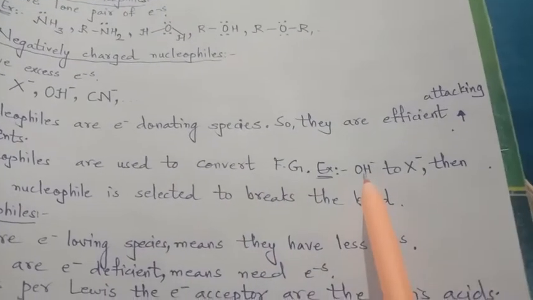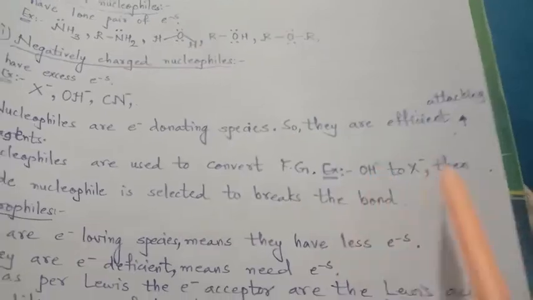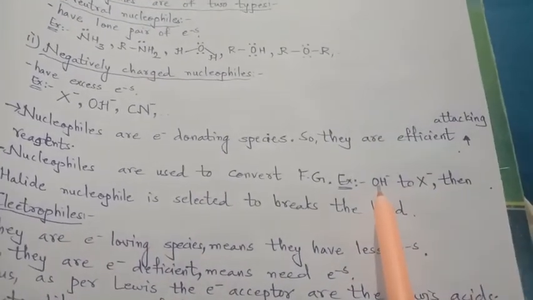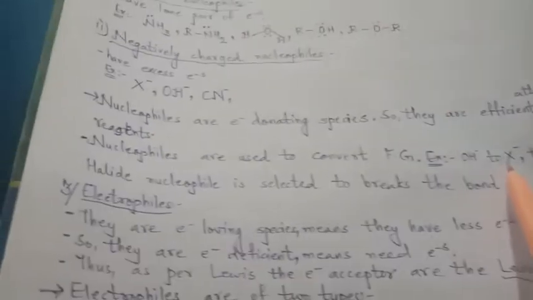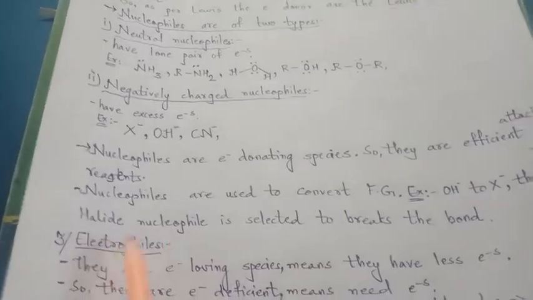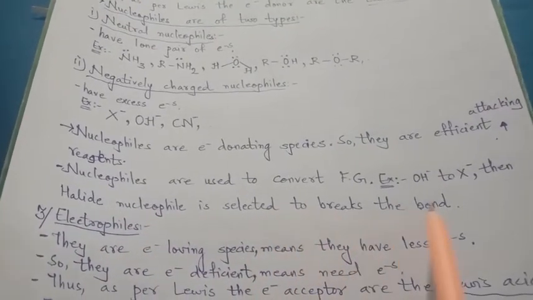As an example I have given here, alcohol can be converted to halogen, right? The alcohol OH group can be converted to X minus, that is halogen. So a halide nucleophile is selected to break the bond.